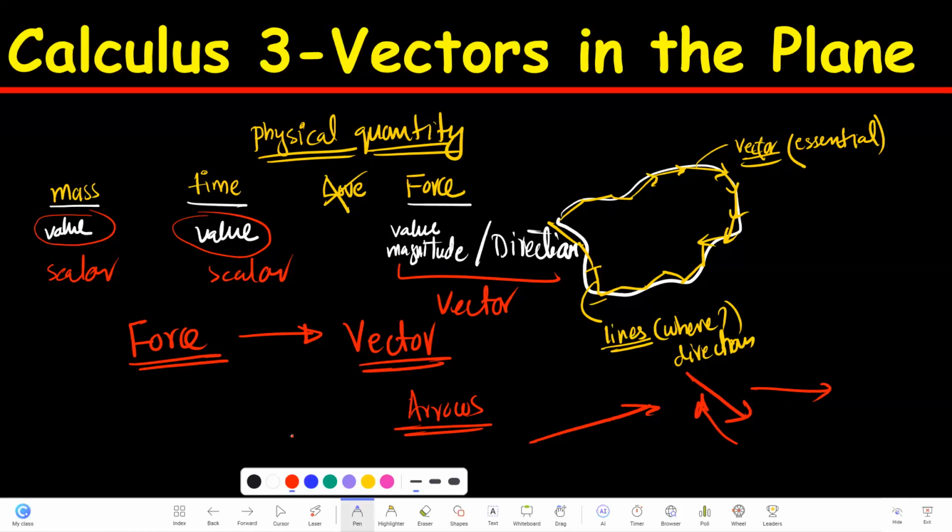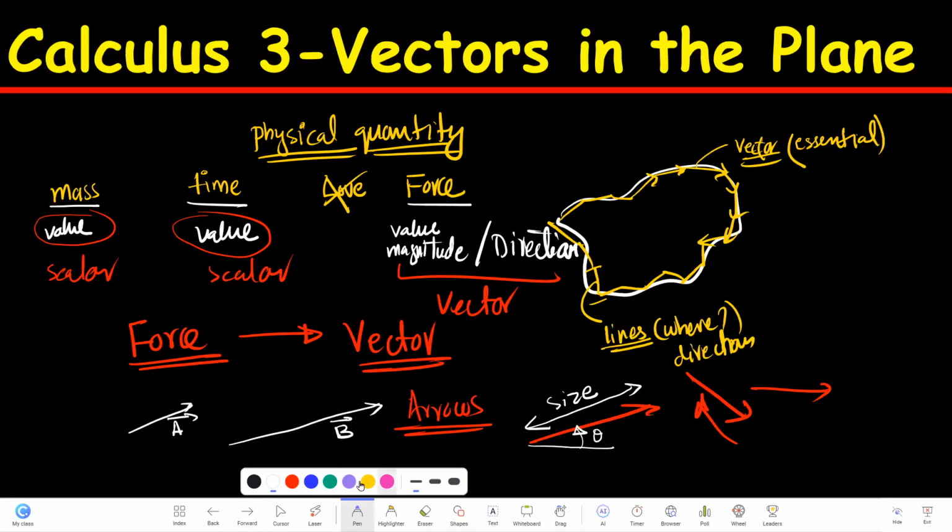So two things are going on with a vector. Number one is the size, and number two is the angle. If I say this vector is called A and this vector is called B, which vector is bigger, A or B?